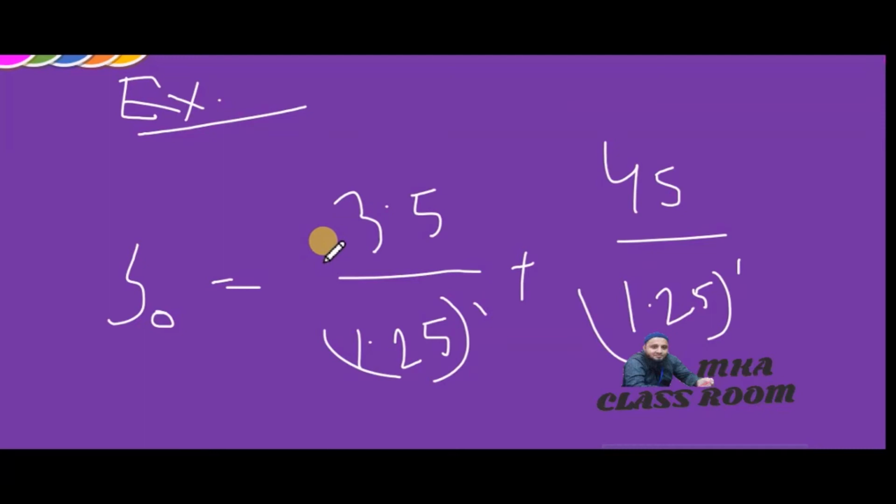From the example we see the expected dividend received is 3.50 for the next year, and after 1 year he can sell his share for 45 taka, and his required rate of return is 25%.